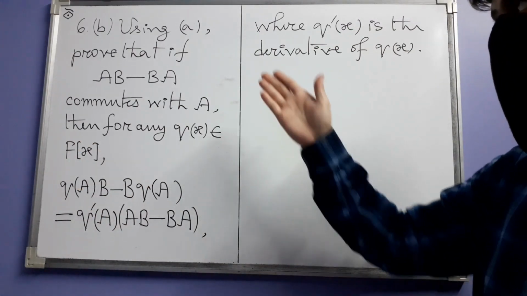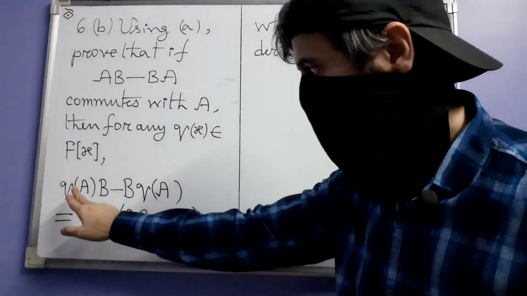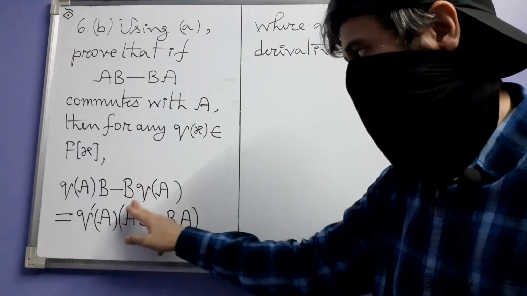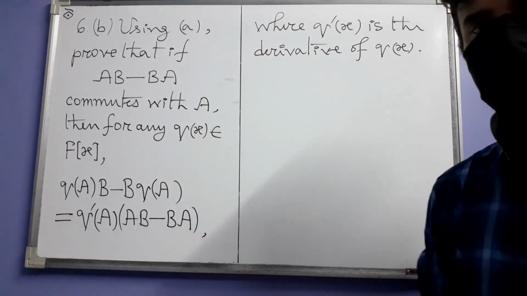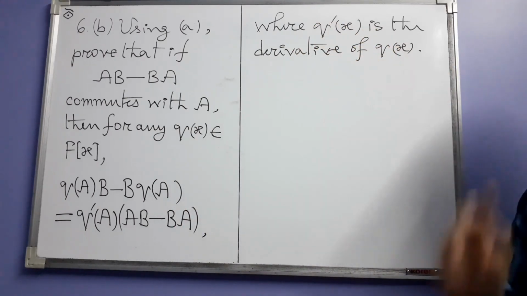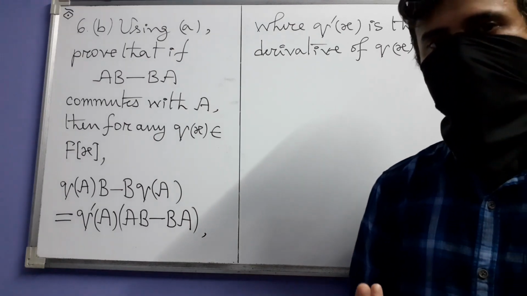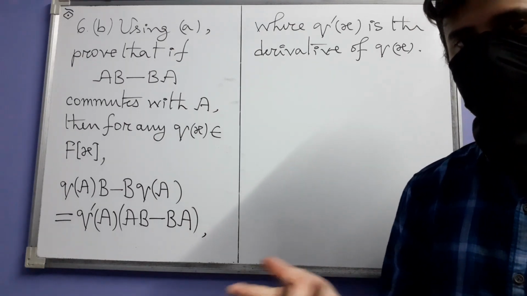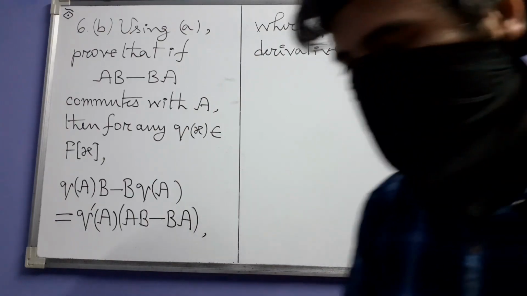If so, then we have to use the previous part, part A, to prove that Q of A times B minus B times Q of A is Q prime of A times (AB minus BA), where Q prime of x is the derivative of Q of x. We have already seen the derivative of a polynomial in field theory. Okay, so let's see what the solution is.